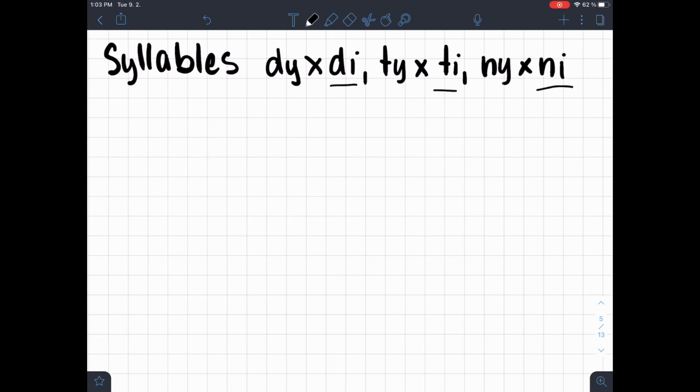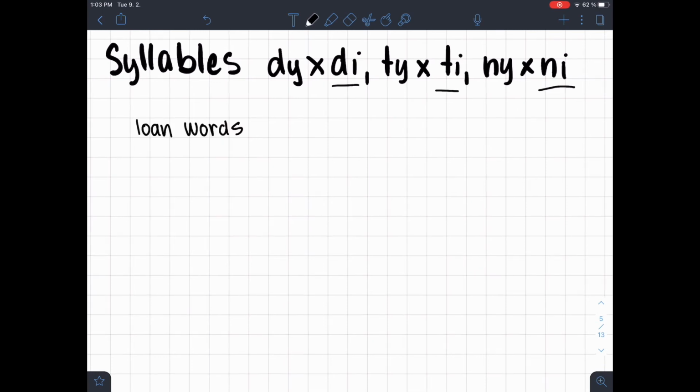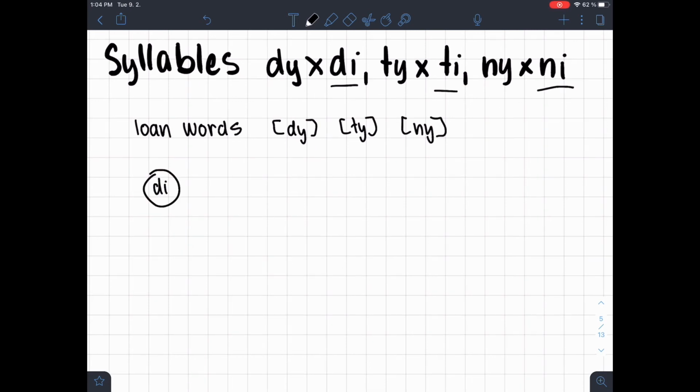So what should we do with them? When it comes to loan words, they don't turn into the di, ti, ni, but they stay di, ti, and ni.